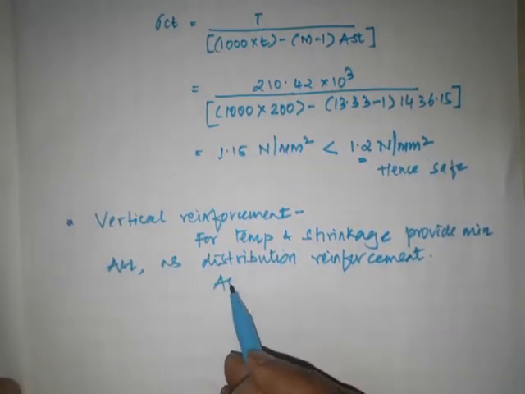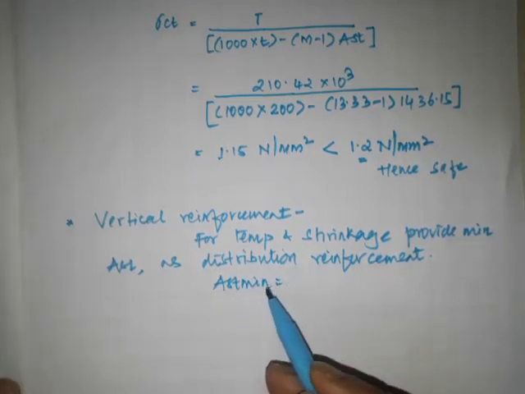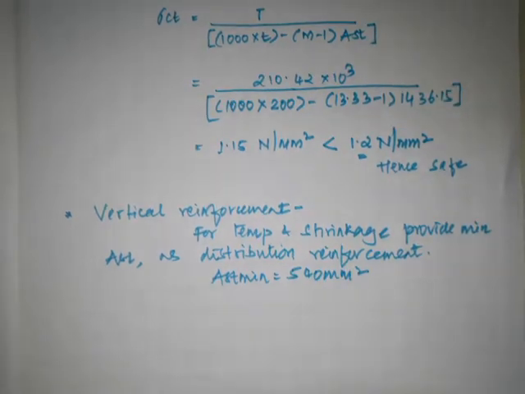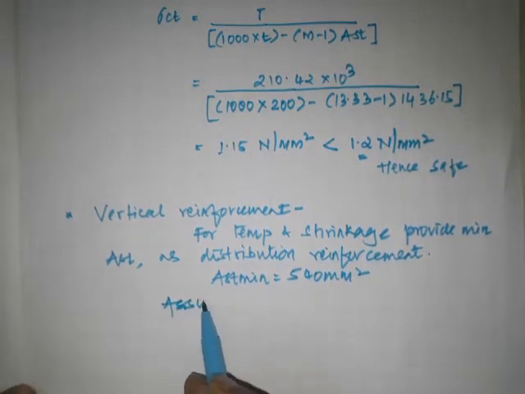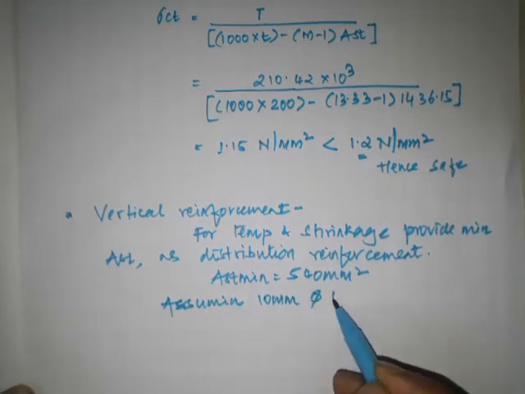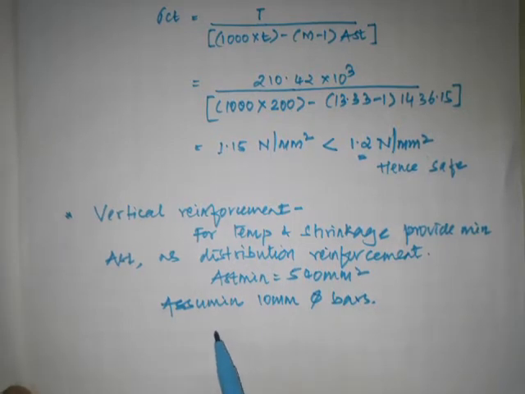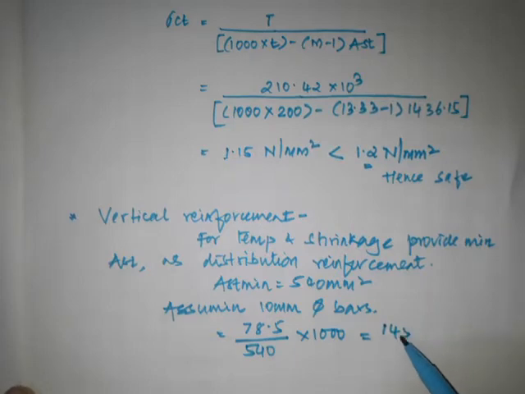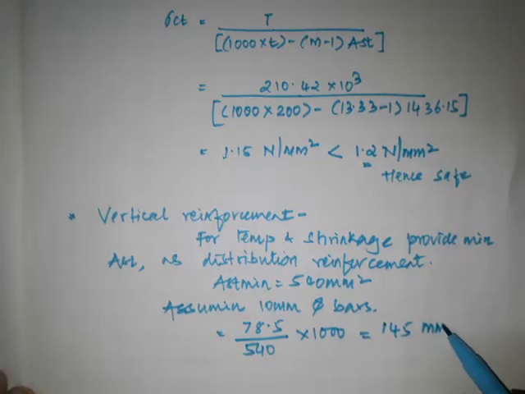Okay, so we have got already AST minimum is 540 mm square. Okay, so therefore assuming 10 mm dia bars, we get spacing is equal to, the area of the 10 mm dia bar will be 78.5 divided by 540 into 1000, so we get here 145, correct, 145 mm center to center.